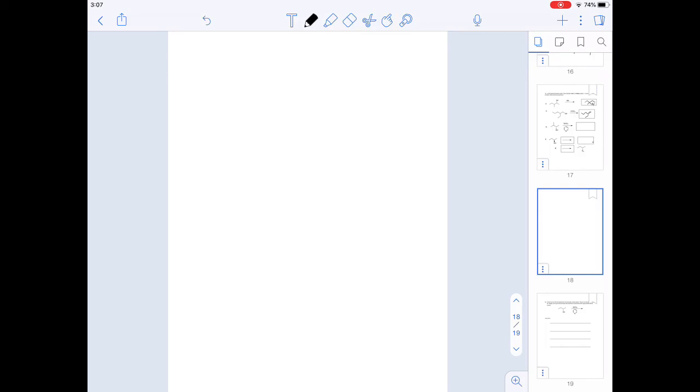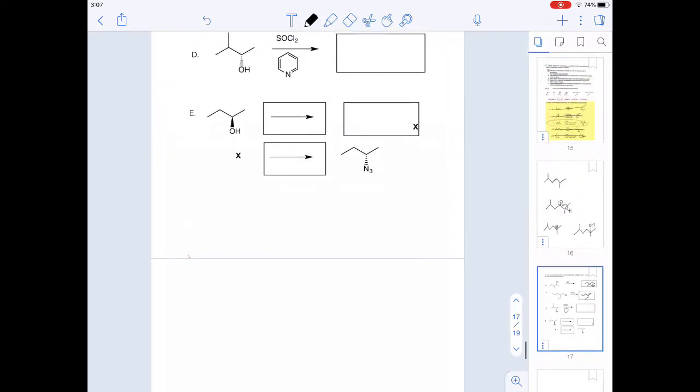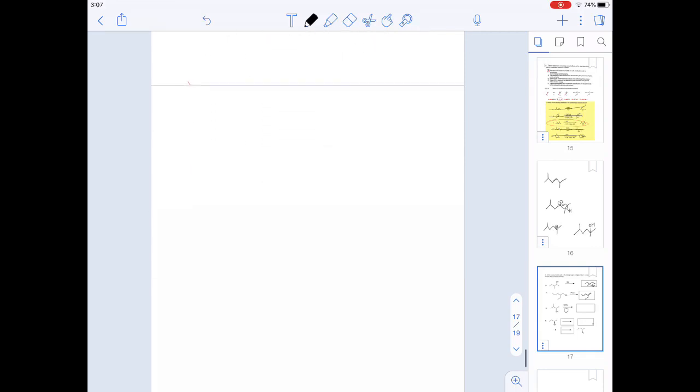The reason people like to use SOCl2 is because you can't have a carbocation rearrangement when you use it. So say you used HCl instead, you would have a carbocation rearrangement, but with SOCl2, you're going to have inversion with no carbocation rearrangement. So let's get into the mech.